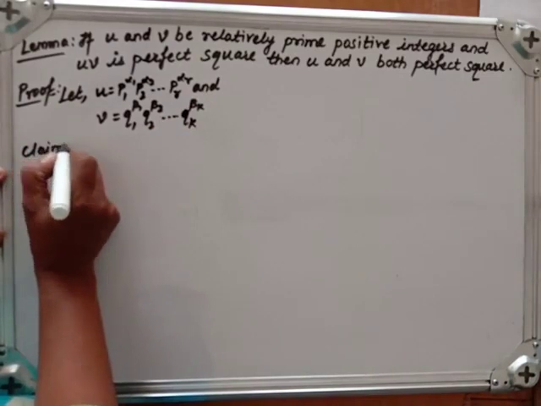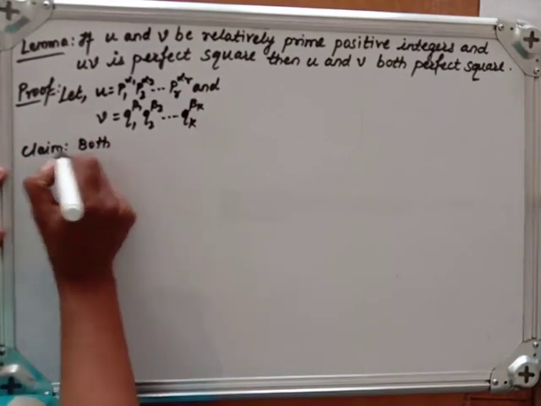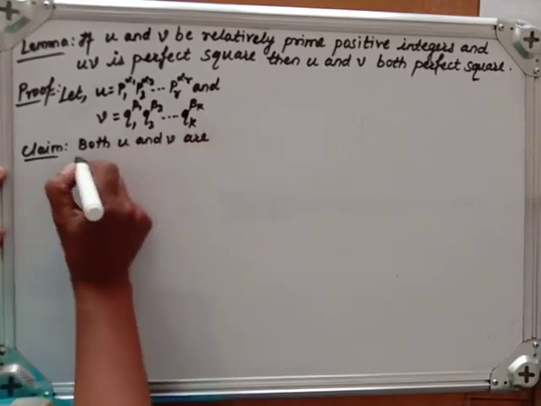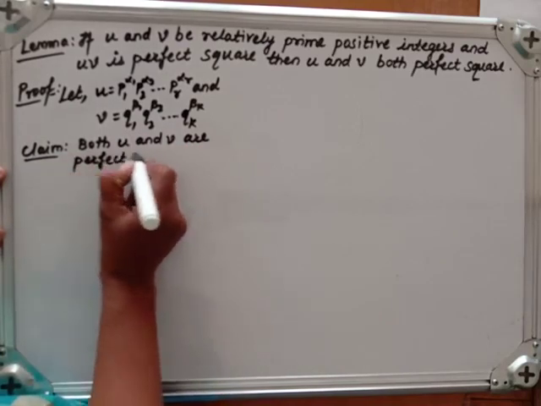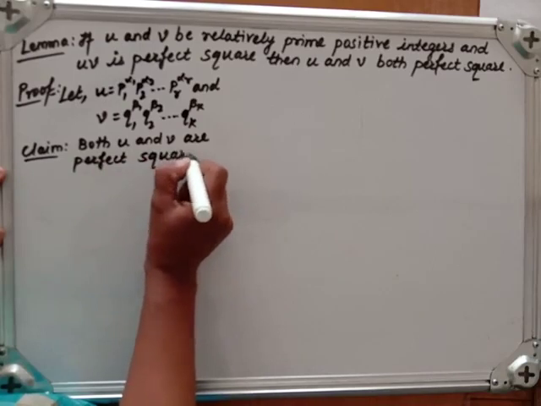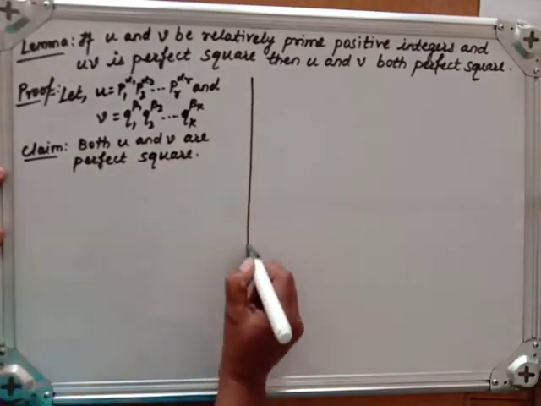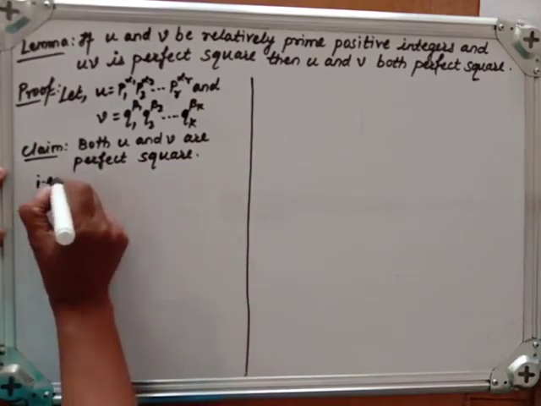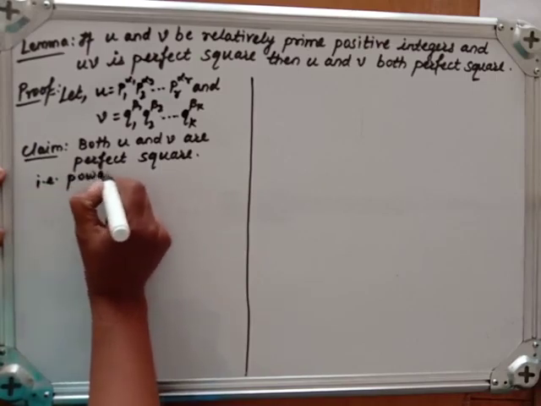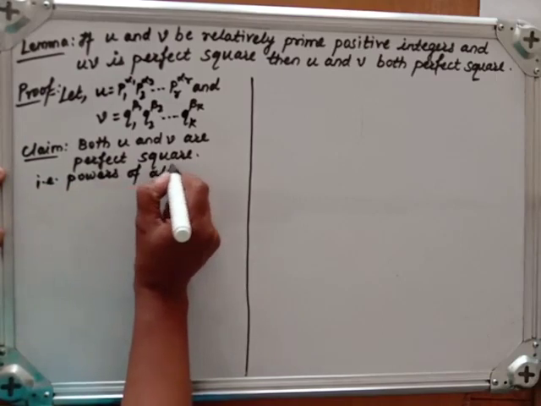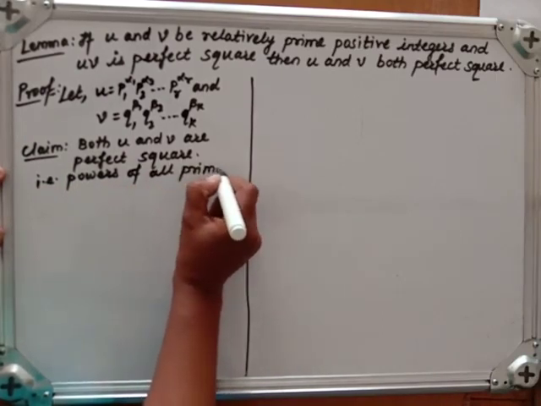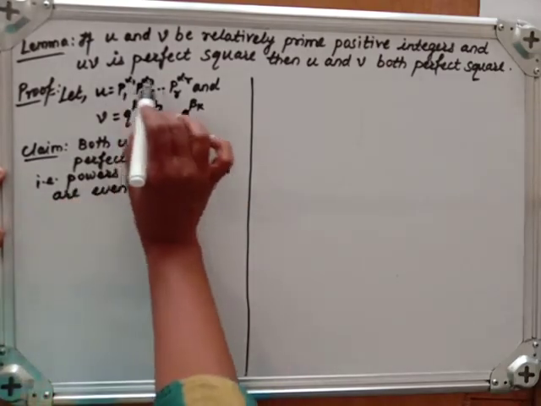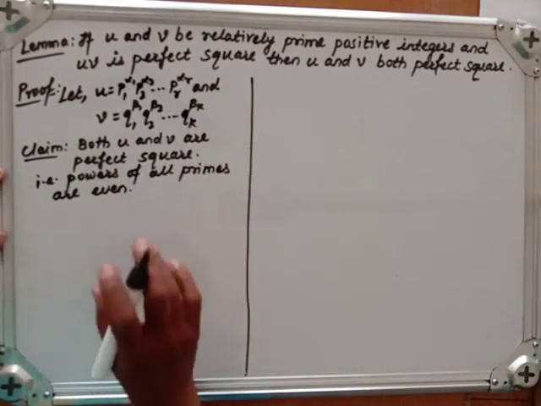Claim: both U and V are perfect squares, that is, powers of all primes are even. Means the alphas are even, the betas are even. That thing we have to prove.